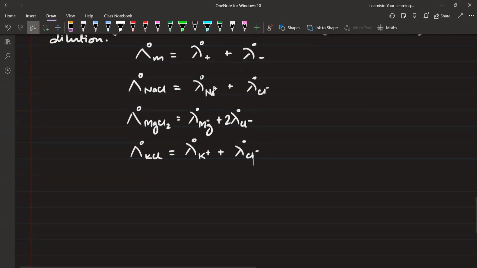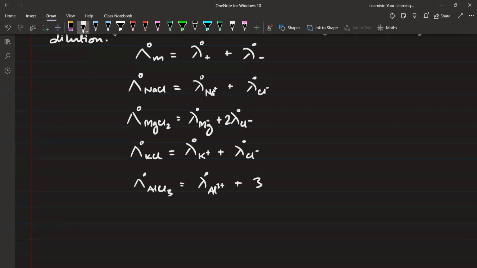Similarly, I am writing a few, I hope you will be able to understand them. Why am I writing this? Because this should be in your notebook so that whenever you see a particular electrolyte, you're able to easily check whether you are dissociating them correctly or incorrectly. Next, lambda naught of AlCl3 will be equal to lambda naught of aluminium positive plus 3 lambda naught of chlorine negative.